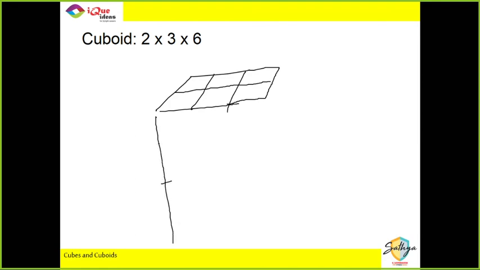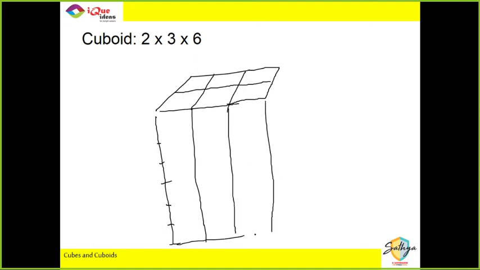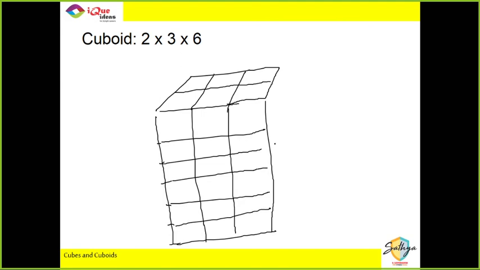So this side is divided into 6 portions. यहाँ से 1, 2, 3 ये ड्रॉ कर दिया. 1, 2, 3, 4, 5. सिमिलरली यहाँ से भी 1 एंड 2 ड्रॉ कर दिया एंड बाकी कनेक्ट कर दिया. 1, 2, 3, 4, 5. So this is 2, this is 3 and this is 6.